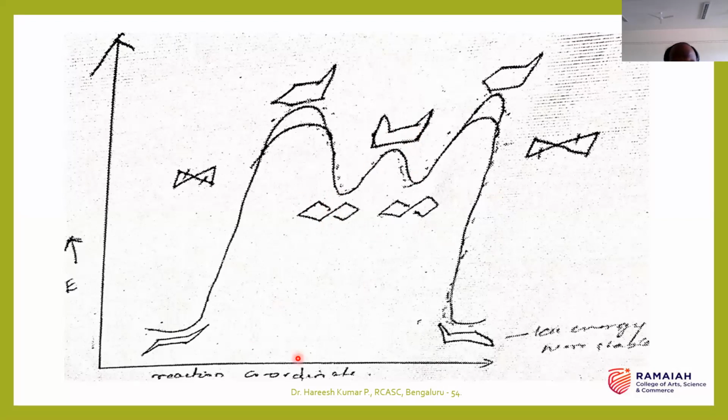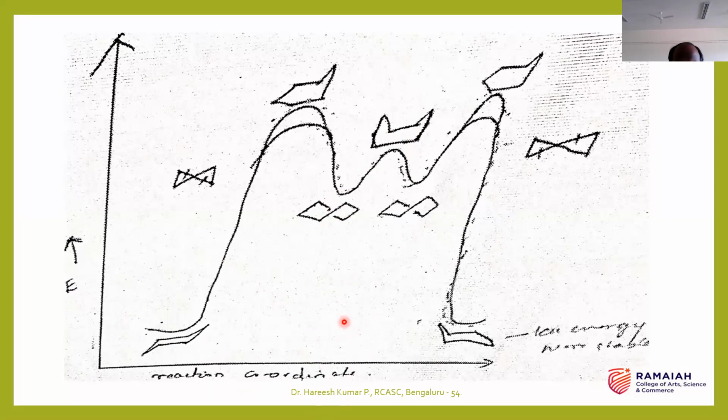So this is about the energy profile diagram of a six-membered ring, energy versus reaction coordinate.